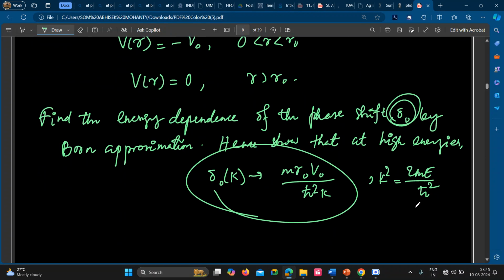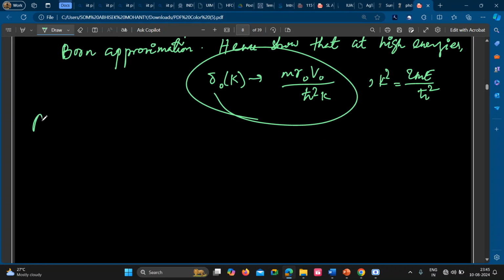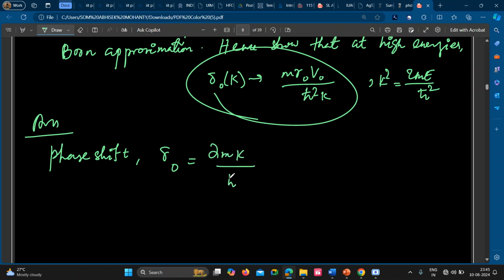To solve this question we have to know the phase shift in the Born approximation. The phase shift delta naught is equal to 2mk by h cut square V naught, integration from 0 to r naught of j naught square.